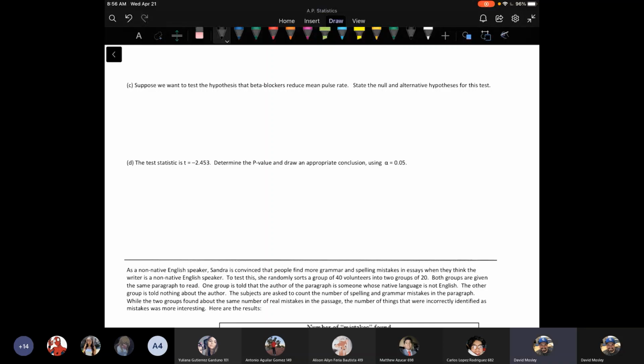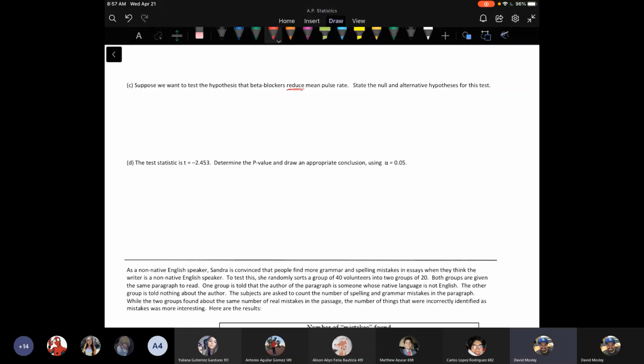So part C says, suppose we want to test the hypothesis that beta blockers reduce mean pulse rate. State the null and alternative hypotheses for this test. So we're looking for reducing a mean pulse rate. Okay.